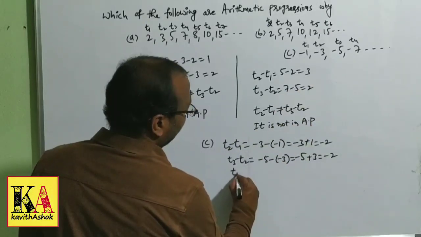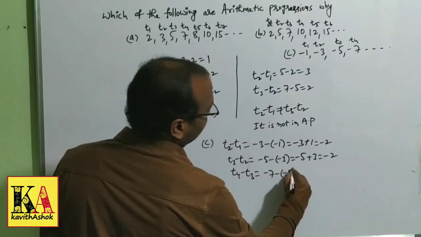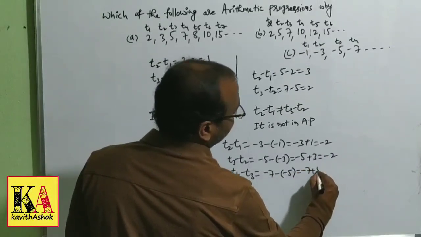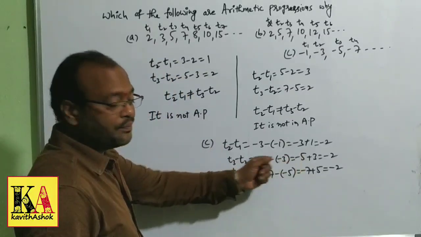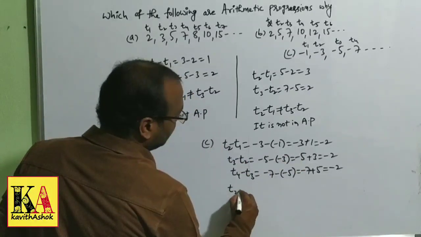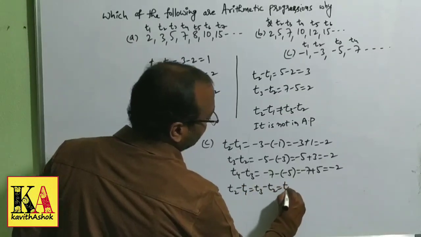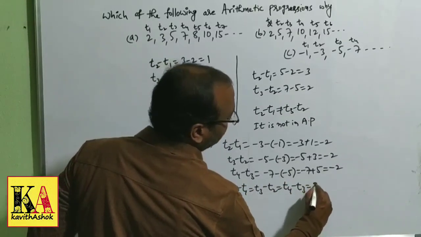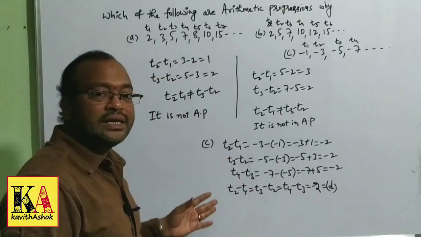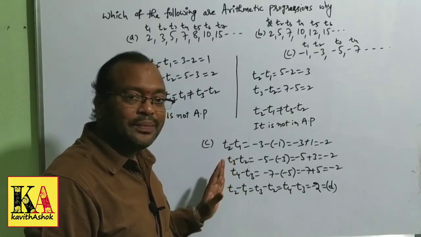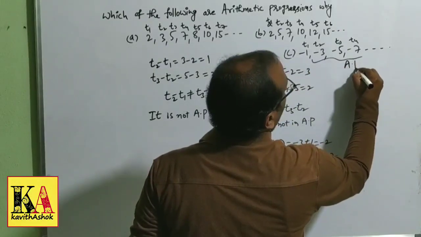Next, T4 minus T3, minus 7 minus of minus 5, again minus 2. In all these cases the common difference is the same, minus 2. If the common difference is the same, we can say the given progression is an arithmetic progression. So this is in AP.